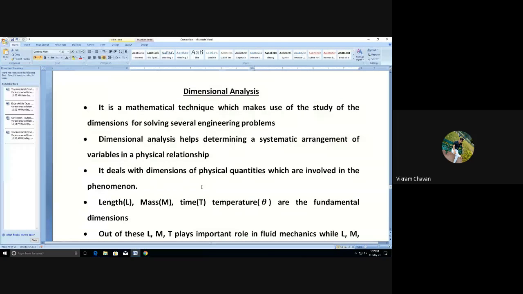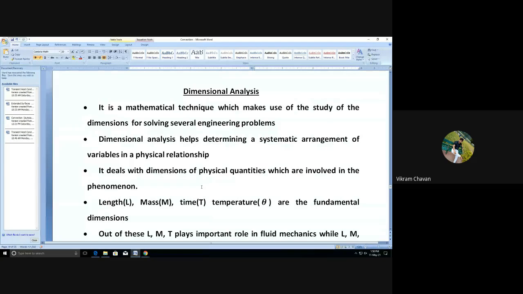Let us say there are three variables included in a force phenomenon: force, mass, and acceleration. If you apply a force on any object, what is the relationship between force and mass, and between mass and acceleration? That relationship we can establish by using dimensional analysis.